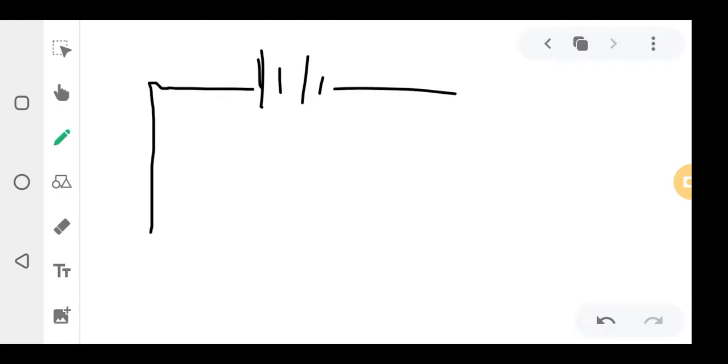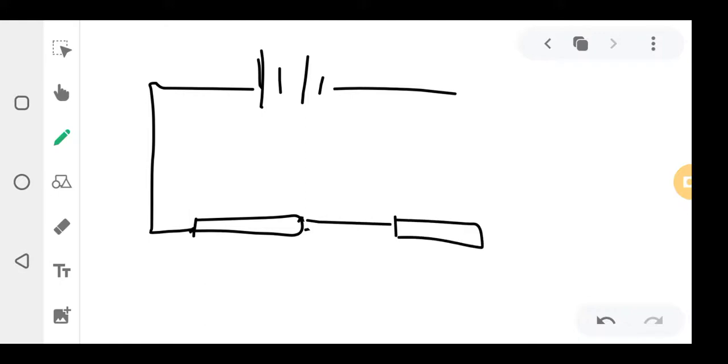This one is a variable resistor, and then it went like that. Of course, that is a variable resistor, and then it went like this, and then there's another resistor here.